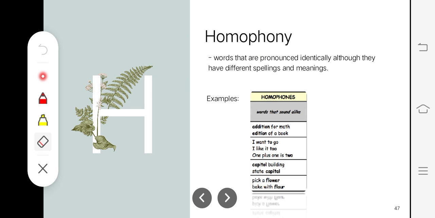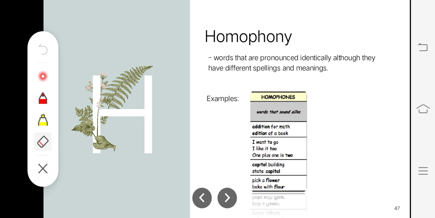The next is homophony. Words that are pronounced identically although they have different spellings and meanings. For short, words that sound alike. For example, addition, edition. Addition for math, edition of a book. Two, too, two.